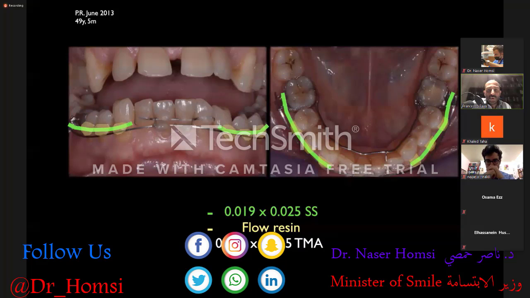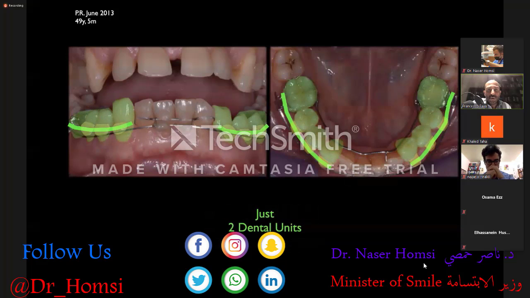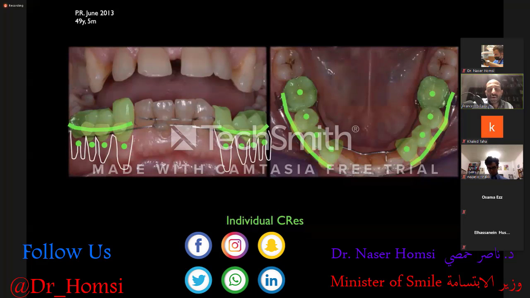A 17x25 TMA intrusion arch, as we have seen together, tends to intrude the incisors, as we can see here in the drawing. And here we can observe just two dental units: an anterior block consisting of the lower incisors, and a posterior block in which the posterior regions are rigidly connected together.